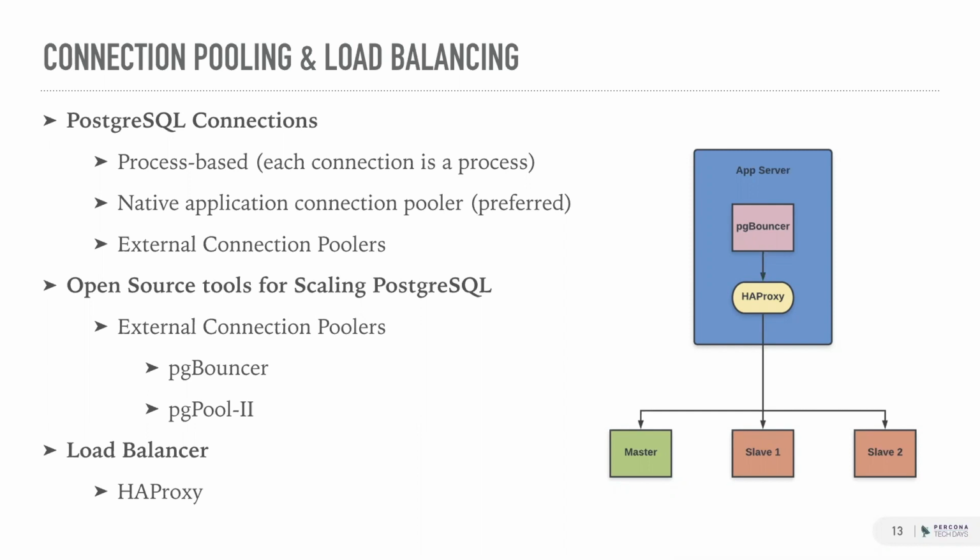And one of them is, if you are not able to distinguish between writes and reads, right? In that case, you would be able to go ahead and use PG Pool and let it distinguish between reads and writes from the app, and let it redirect the connections automatically to a primary or a standby.